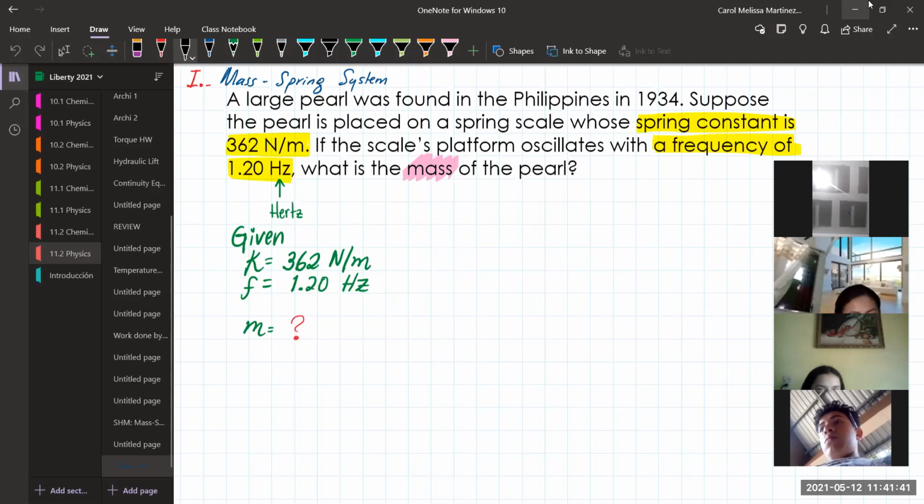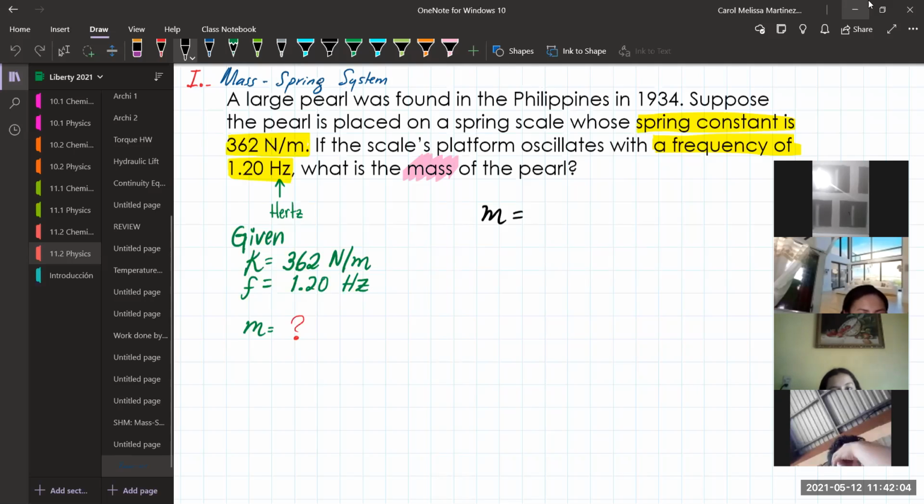So according to the formulas that I gave you, we can find the mass with the following equation. Before I go into the mass, I'm going to write the equation for the mass, and you will notice that we're missing something.